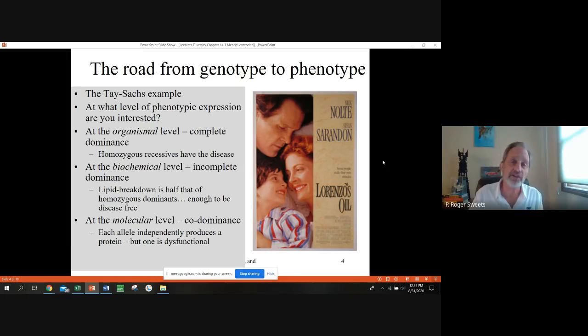There's been a mutation at some time in the past, and that one mutation, similar to what you've learned about with sickle cell disease, means that it produces a useless enzyme that can still be found in the body at that molecular level, but doesn't do anything. So when we think of the actual substances being produced, we can call that codominance. So here are three different kinds of expression that come out of the same disease. It all depends what level you're interested in when we use that term phenotype.